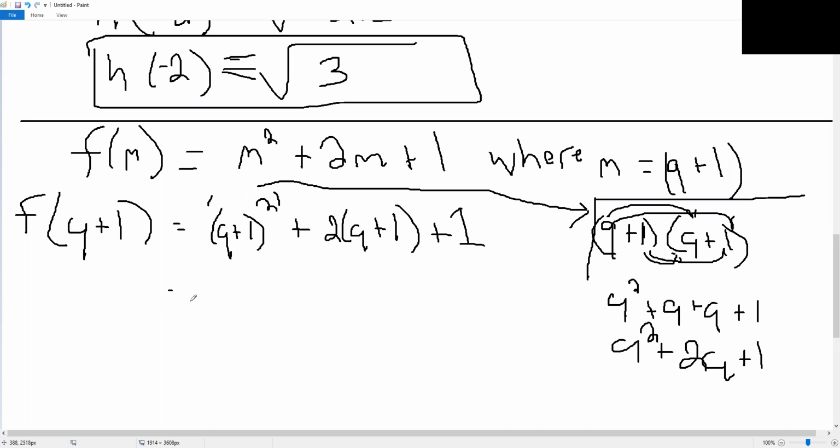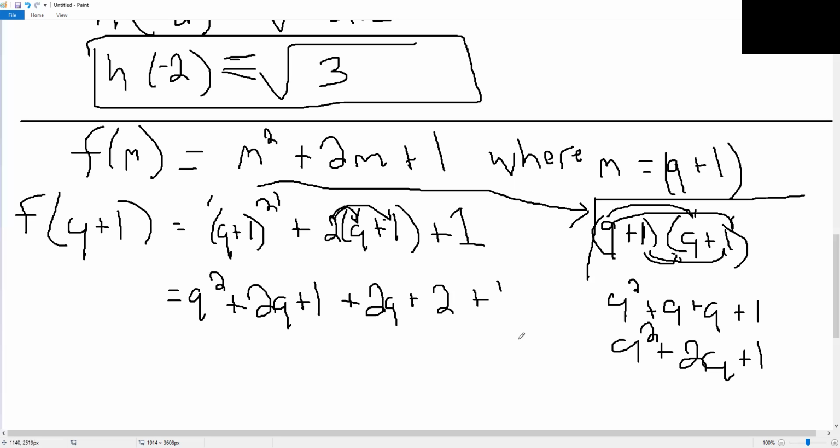So we'll say equals q squared plus 2q plus 1 plus, we're going to use distribution here, 2q plus 2, and then plus 1. Whew. Now, let's get everything together.